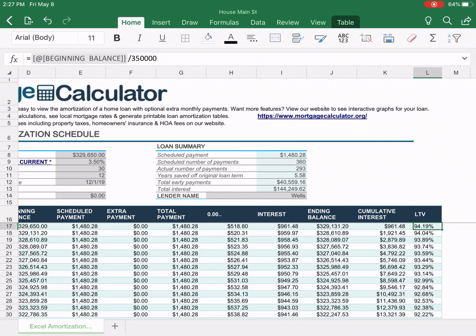Hopefully my credit and stuff is good by that time. I'll get a HELOC, and then all the money from the HELOC, fourth step, is to pay off my student loans. So I'll be debt free except my mortgage. Then the fifth step is to come back to my mortgage and pay that off.